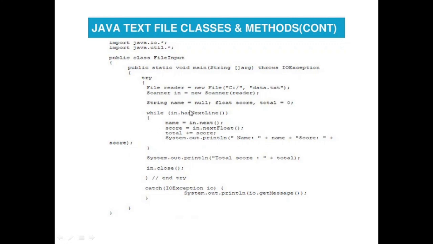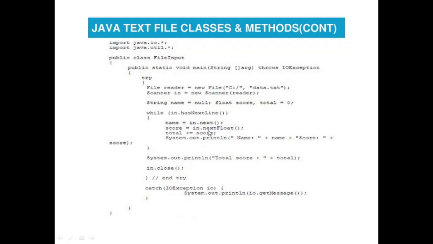Okay, so what is this data.txt file actually containing? It is a binary file first of all, and then it has some data, like name and score, and these two types are distributed in many rows. Okay, there are many rows containing data like name, score. So name is a string, we know, so we can extract that string using the object of type Scanner. That is, in.next will return the first string, that is the name.